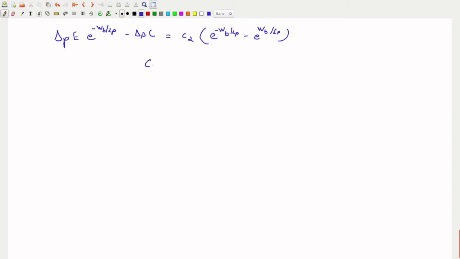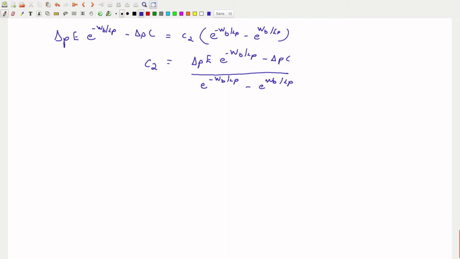By rearranging we can write C2 is equal to delta Pe e raised to minus WB by LP minus delta PC, all divided by e raised to minus WB by LP minus e raised to WB by LP.